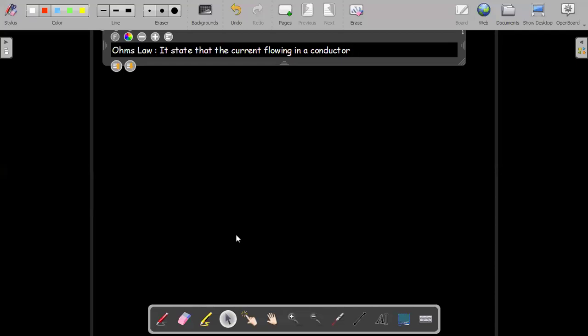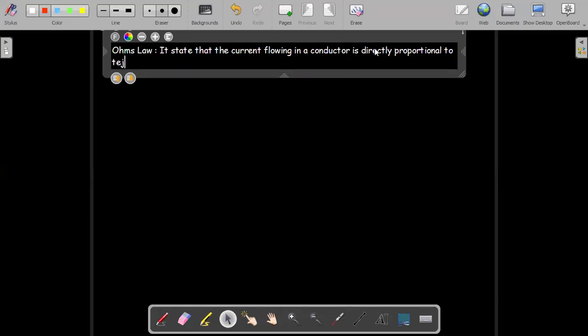So in a current carrying conductor, the current flowing through a conductor is directly proportional to the potential difference.